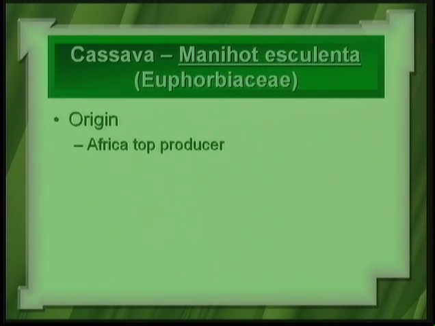Right now, Africa is a top producer, so it's an interesting case again of a plant that's not native to a particular area being produced by the people of a different area where it was introduced. Before we talked about China being the top producer of sweet potato, but here we have Africa being the top producer of cassava. Asia is second place, and South America is a distant third, even though that's where it came from.